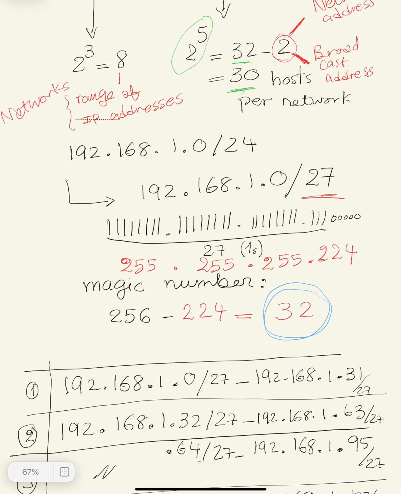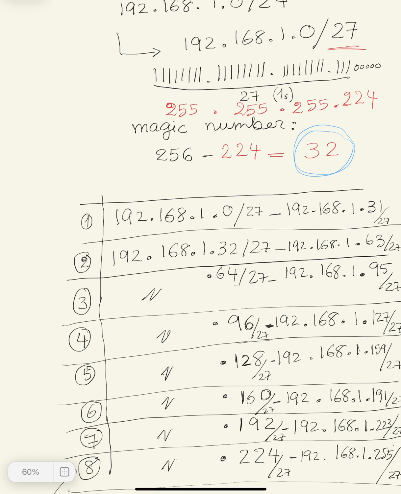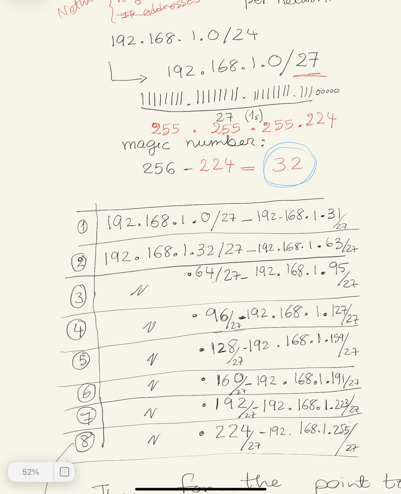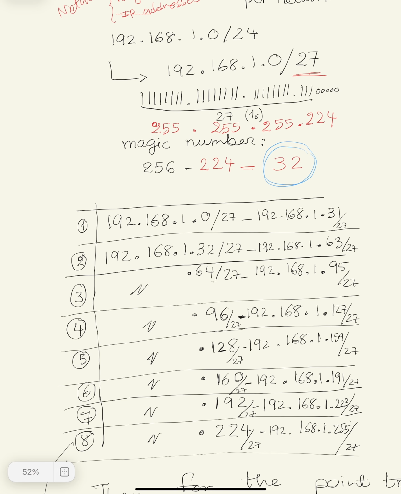255.255.255.224. So now, in this table that you can see, I have created 8 ranges of IP addresses that we generated.